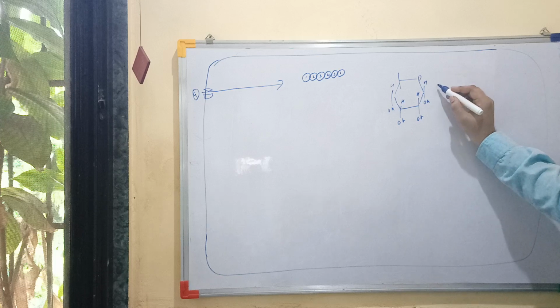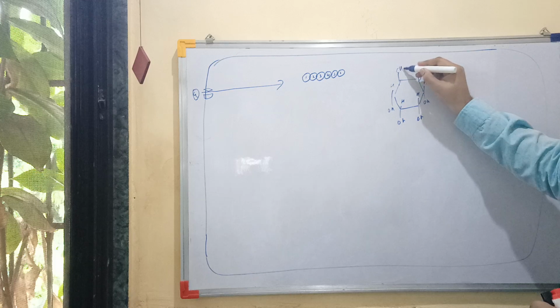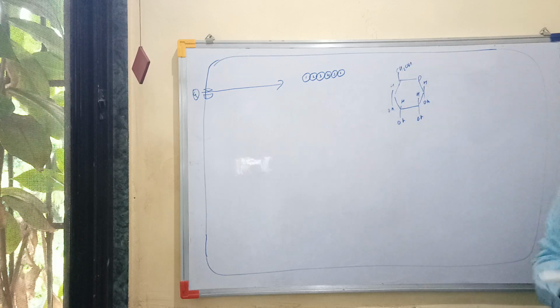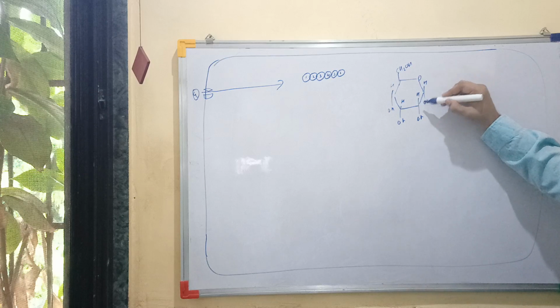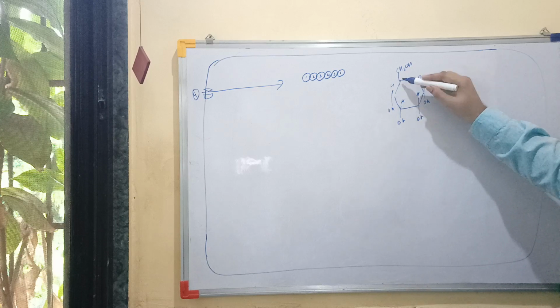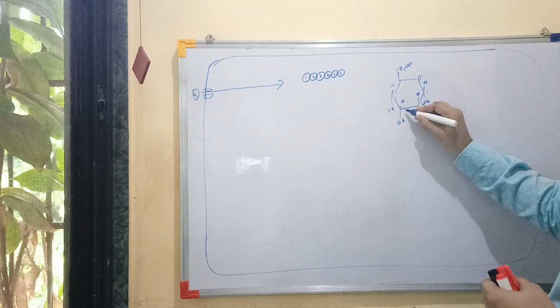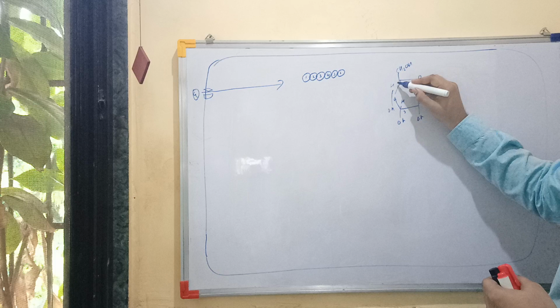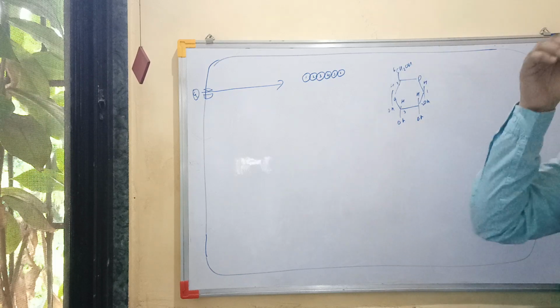This is our glucose structure. So this is first carbon, second carbon, third carbon, fourth carbon, fifth carbon, and sixth carbon. So this is the glucose molecule.